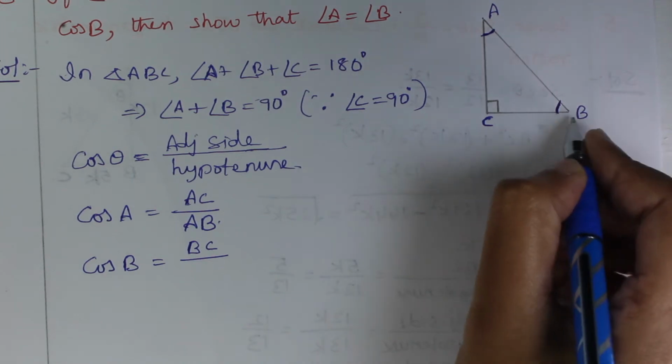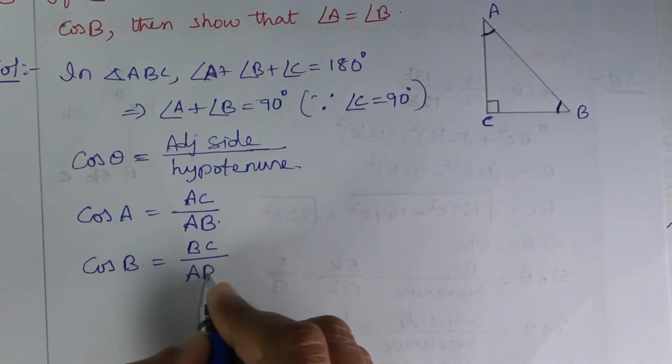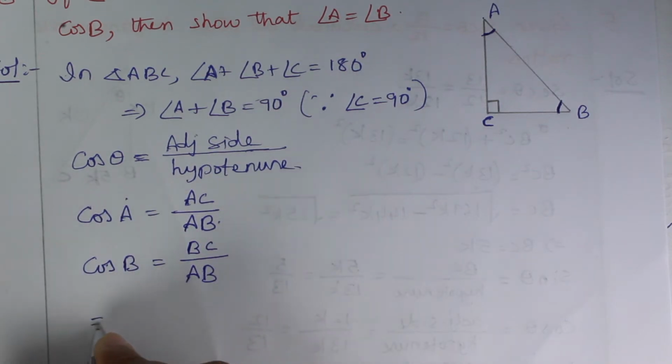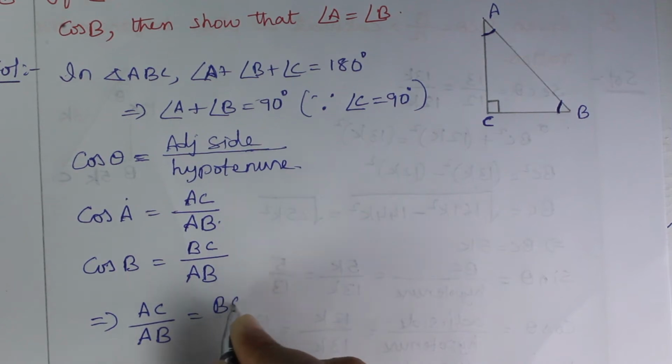BC, divided by hypotenuse AB. Now it is given cos A is equal to cos B. That implies AC by AB is equal to BC by AB.